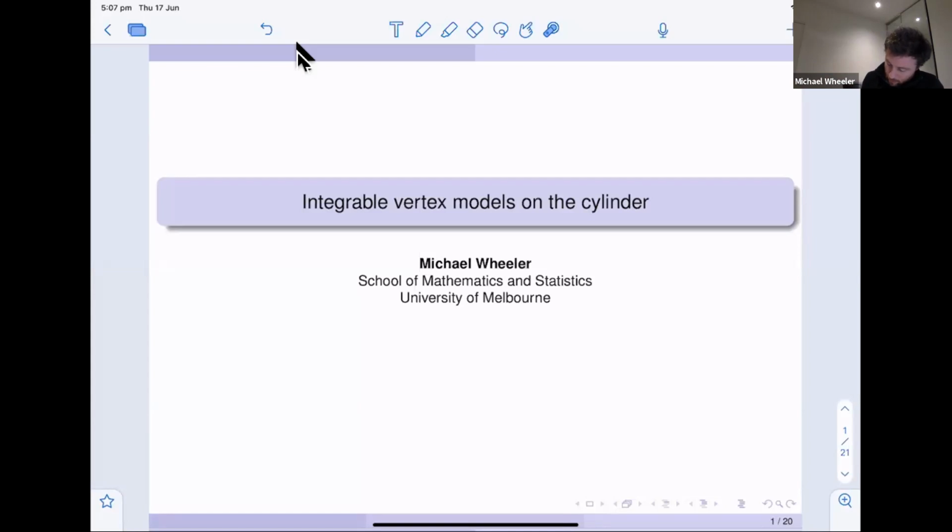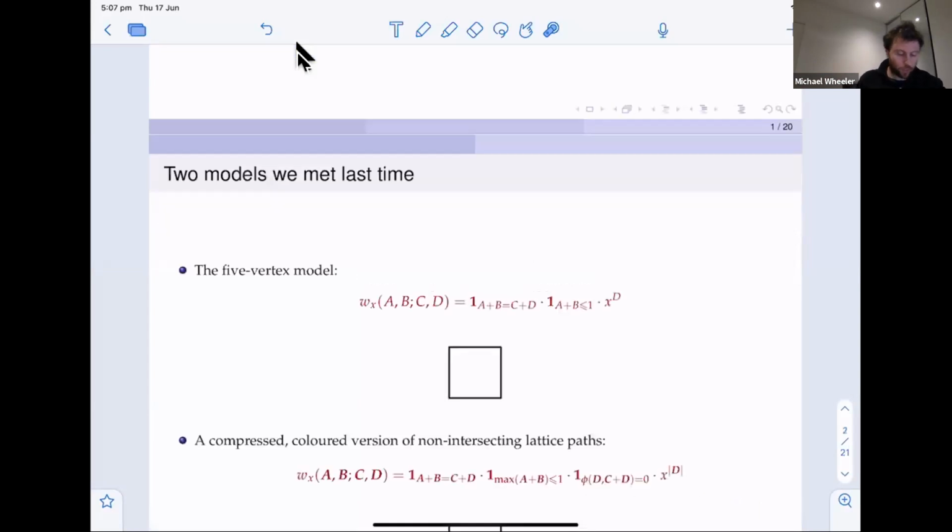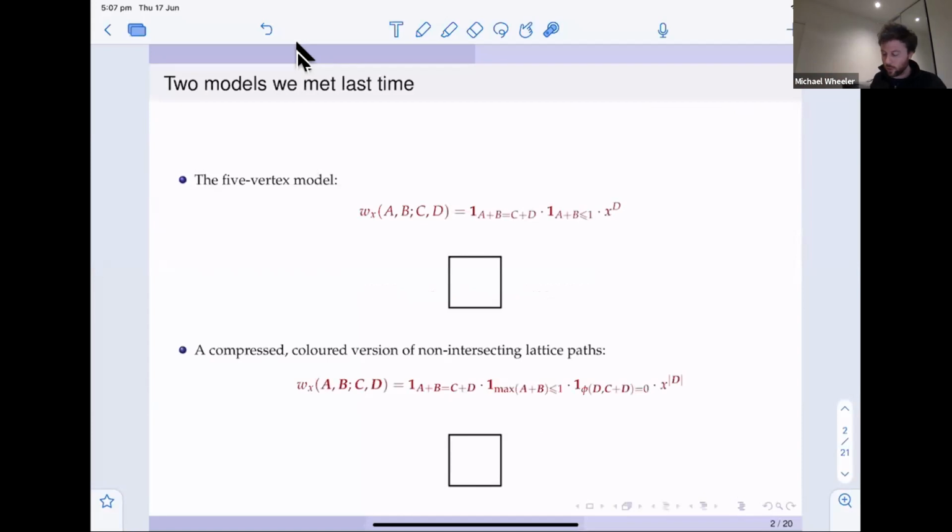I'm going to continue where I left off last time. In the previous lecture, we saw two vertex models, both of which live in the general framework of fermionic vertex models. The simplest one is the 5-vertex model.